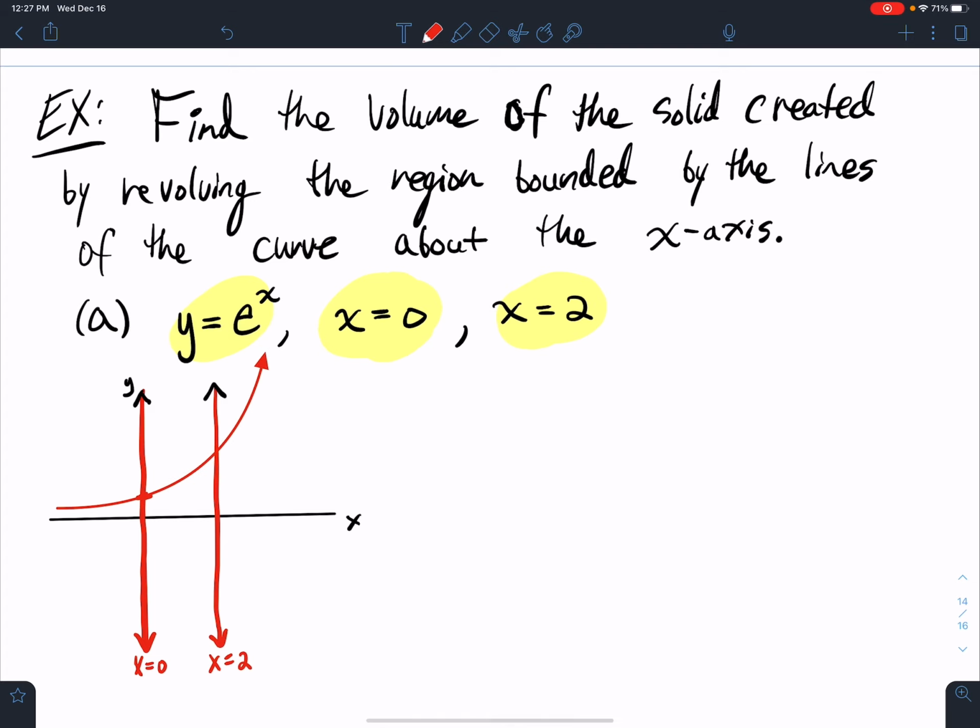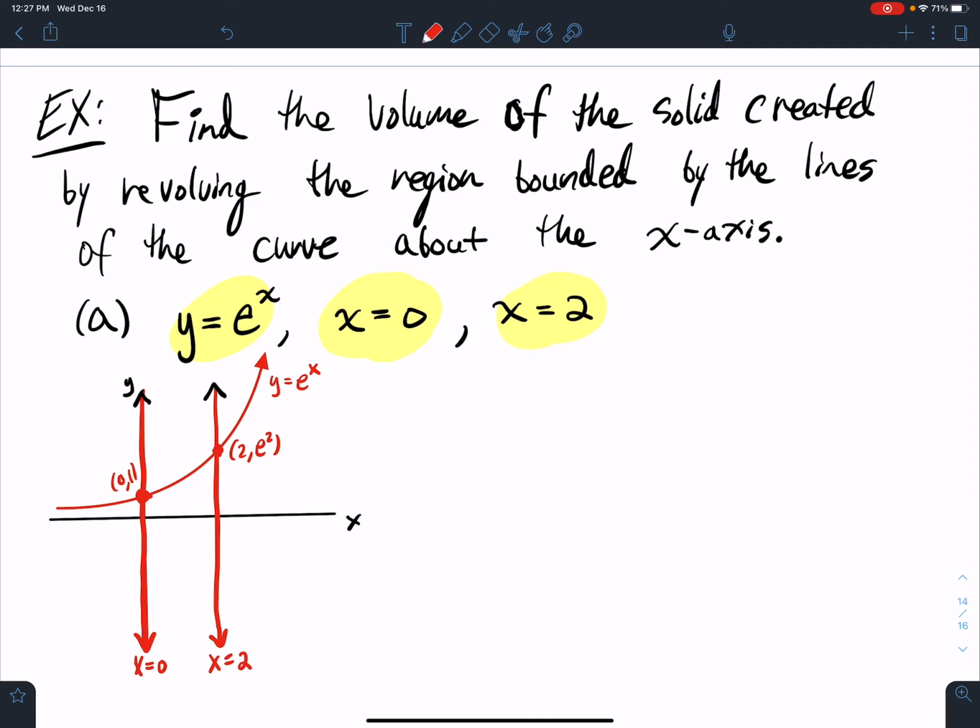This is y equals e to the x. So we pass through 0, 1 here, and then here it's at 2, e squared. Whatever e squared is, so 2.71 squared, approximately.